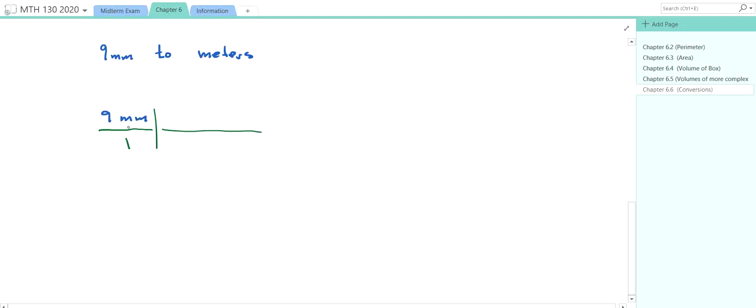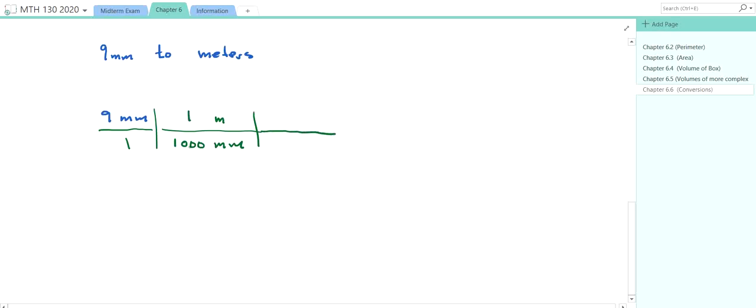I need to get rid of the millimeters, so I need to figure out a millimeter to meter conversion. Well, I know that there are 1,000 millimeters in 1 meter. So you might have to look that up to figure out how many millimeters in a meter.